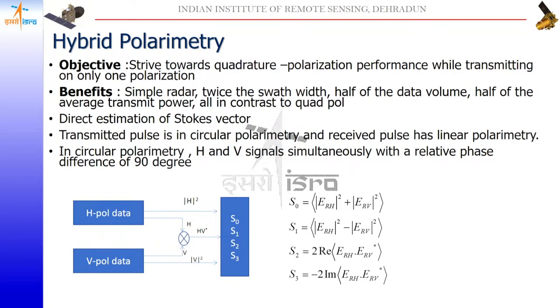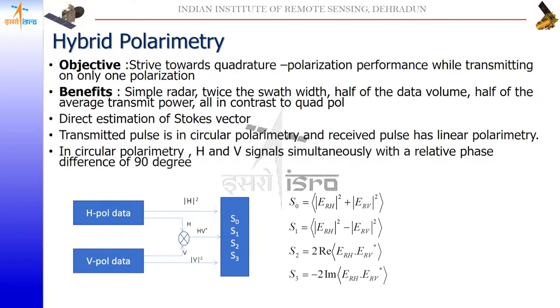If we have this hybrid polarimetry, then we have the Stokes vector. We can directly deduce this Stokes vector from the hybrid polarimetry, and from it we make some different decompositions, a special class of decomposition for the hybrid polarimetry: the m-delta decomposition and the m-chi decomposition, which are similar to our full pole decomposition.